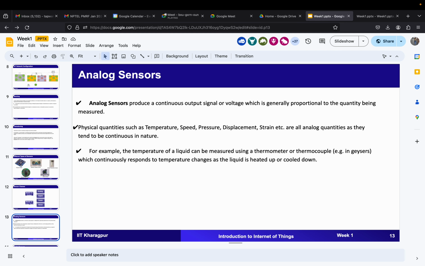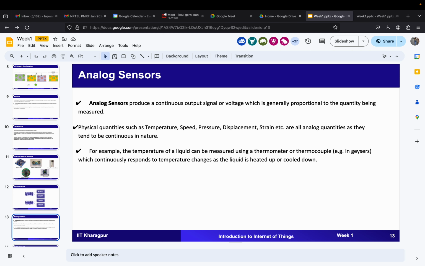Now the analog sensors. Analog sensors are the sensors which produce output in the form of analog signals. So basically the quantity which is measured is in the form of an analog signal. It is a continuous signal, not discrete values.